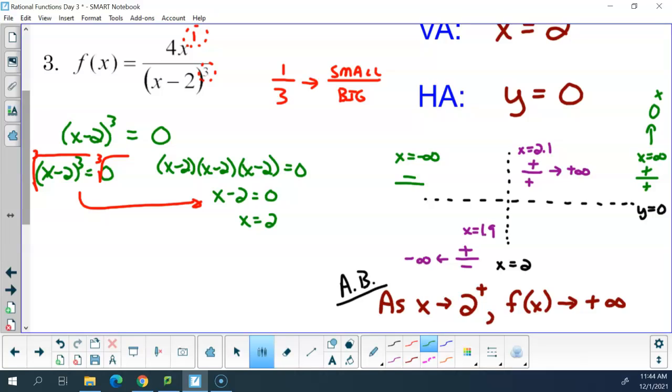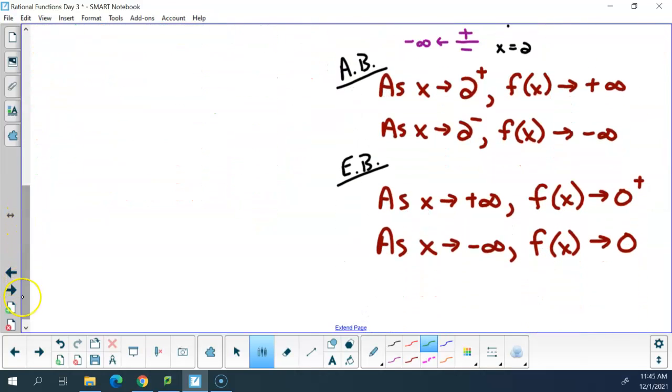It'll be negative, right? A negative number minus a number is still going to be negative. Cubed is still going to be negative, right? Negative divided by a negative. Positive, right? So that's going to go to 0 from above still. Okay.